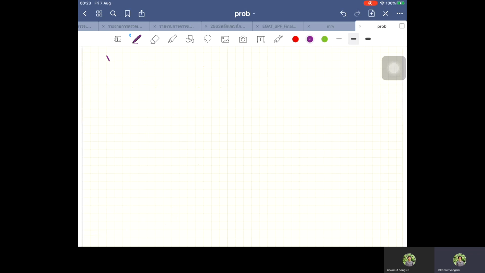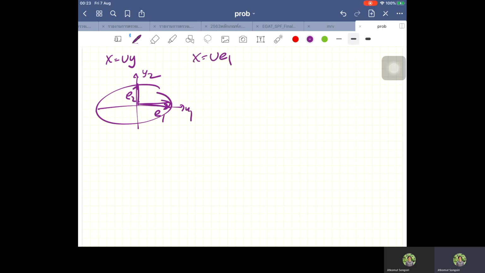What do we know about uy? This is e1 and e2, this is y1 and y2. Now we can also map only the principal axes of the ellipsoid in y. U has many columns, let's say n columns.